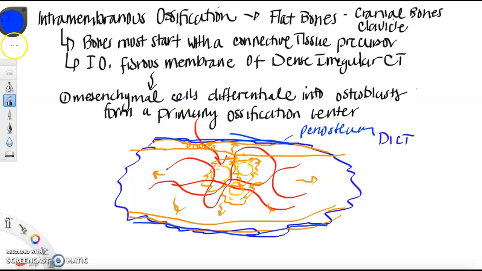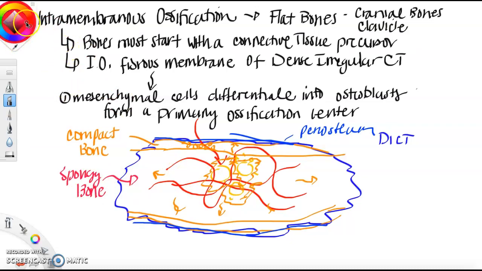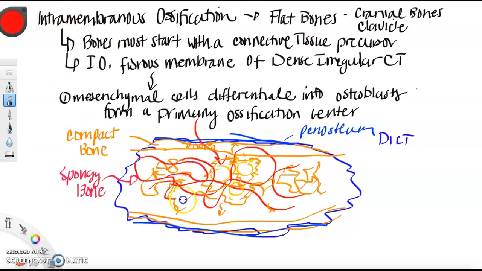And then we have compact bone on the periphery. And then spongy bone with marrow in here. So those blood vessels are what the marrow then ends up being. So we have this kind of spongy bone, which is spiculed bone, all inside here, and laced through that are these vessels and blood.